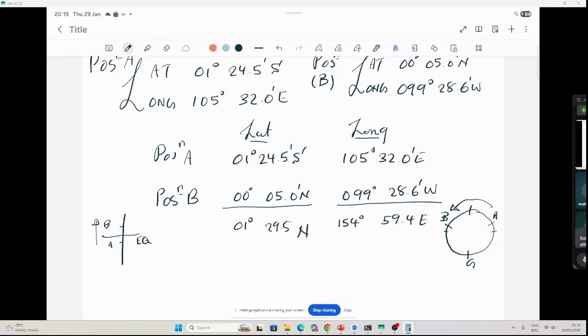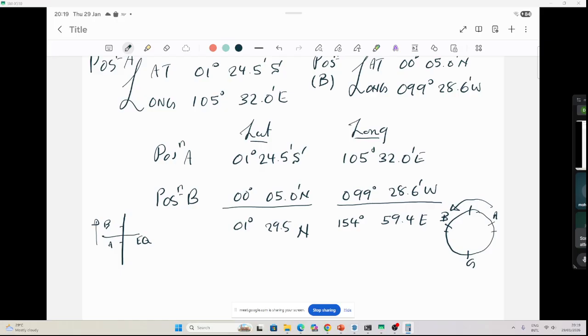So what you have to remember here, that clockwise is westerly, anti-clockwise is easterly. Especially when you are calculating your D long, you have to make sure that what is the direction that you are moving on to. If you are moving anti-clockwise direction, wherever you are, it is easterly, right? And if you are moving clockwise direction, it is westerly.